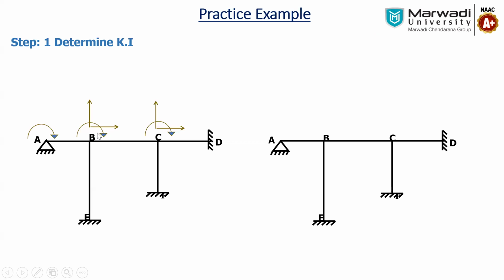Now, if we neglect the axial deformation, how many Ki remain? Let me check. For these horizontal members, as there are three members and two horizontal displacements, those two will be neglected. This horizontal deflection is neglected, and similarly this horizontal deflection is neglected. Similarly for the column BE, the vertical deflection becomes axial, so that will be neglected.